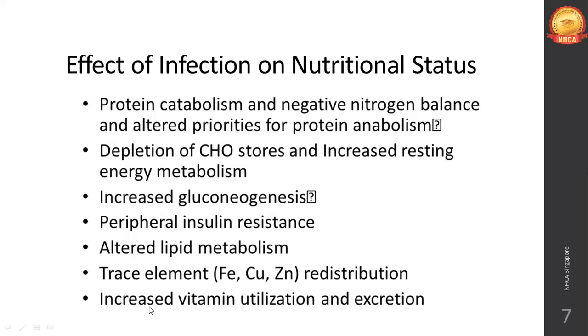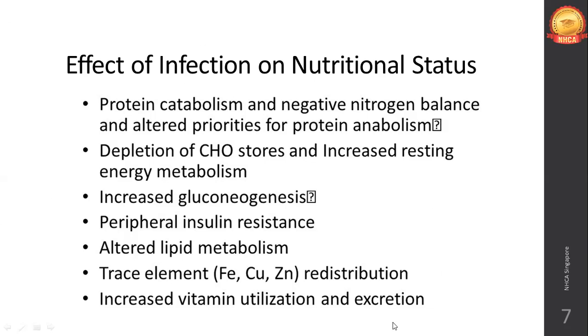Increased vitamin utilization and excretion. Whatever food you are having has a certain amount of vitamins, and instead of being utilized by the cells, and instead of being stored for future use, it will be excreted.